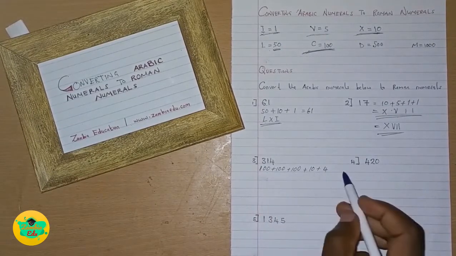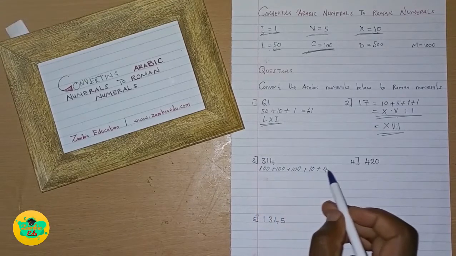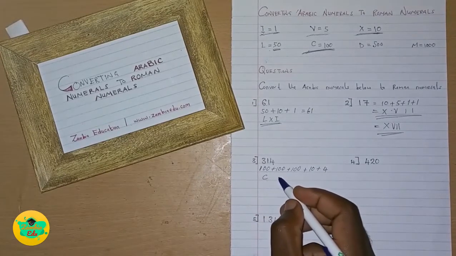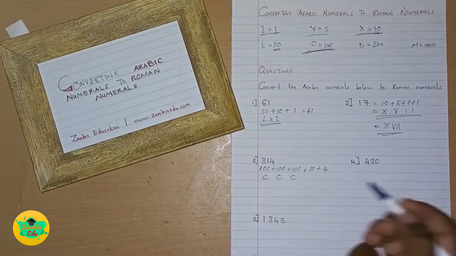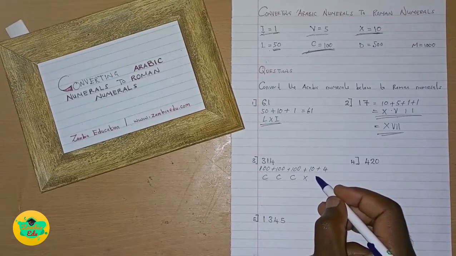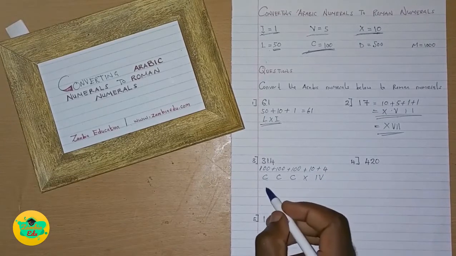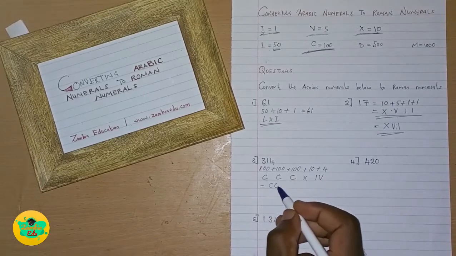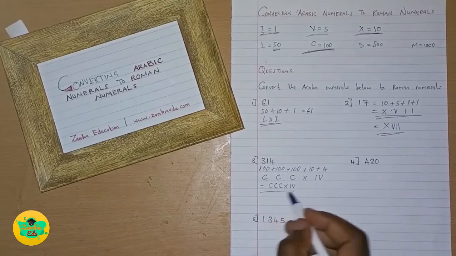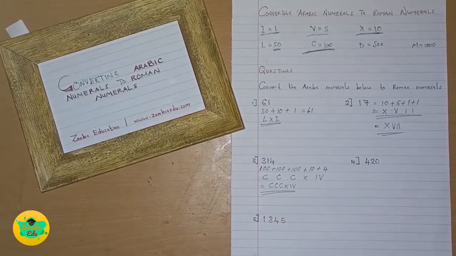Having done this, let's now represent them using the Roman symbols. So 100 is C, another C, another C, then that's X, then 4 in Roman numeral is IV. So our answer is CCCXIV. That's our answer.